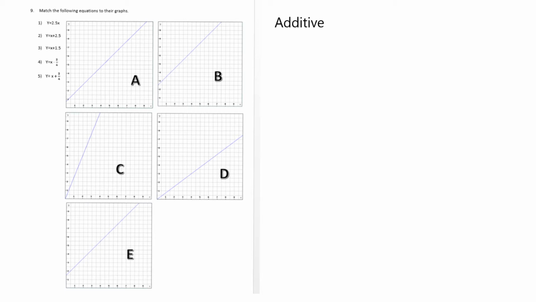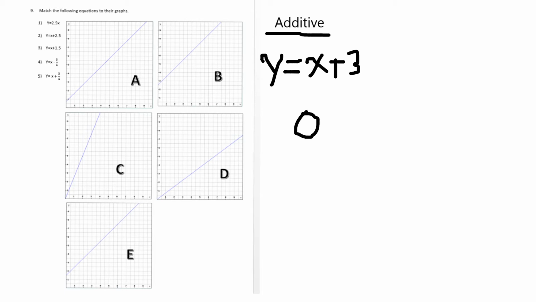Additive equations are very special because with additive equations, you always add something to x. For instance, if I had the equation y is equal to x plus 3, then I'm adding 3 to my x value each time. What that means is that if x is 0, y is going to be equal to 3.